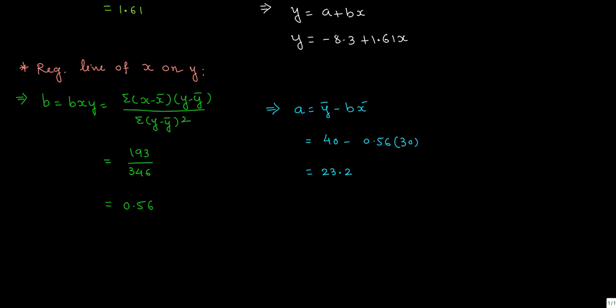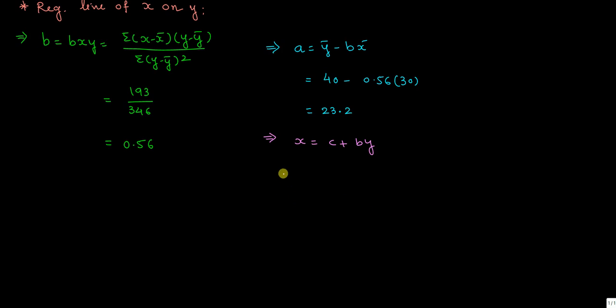Now find the regression line by putting these values into the regression line of x on y. So x is equal to c plus by is the regression line of x on y. Not a, it is c. We made a mistake here. C is equal to x bar minus b y bar.